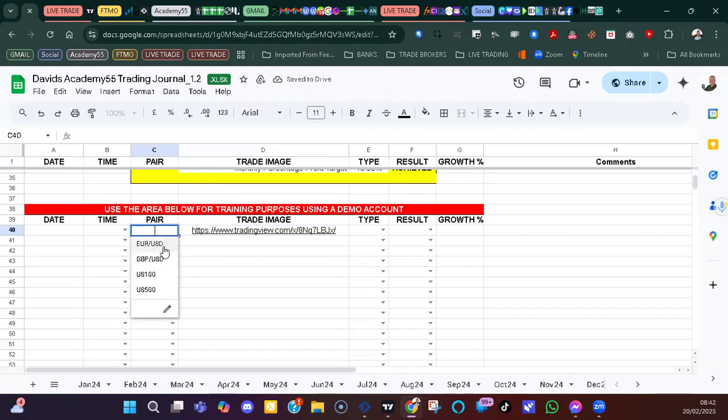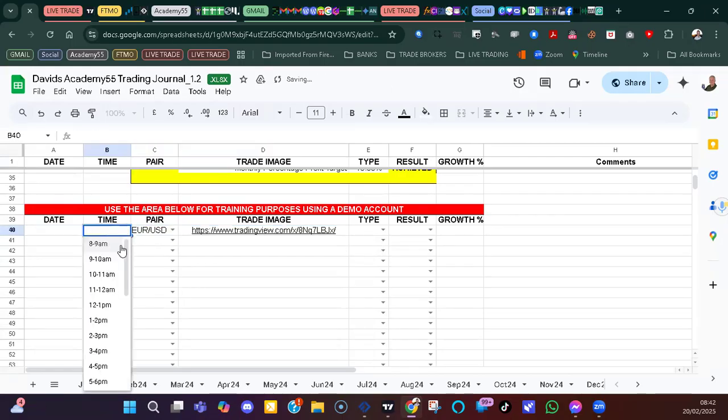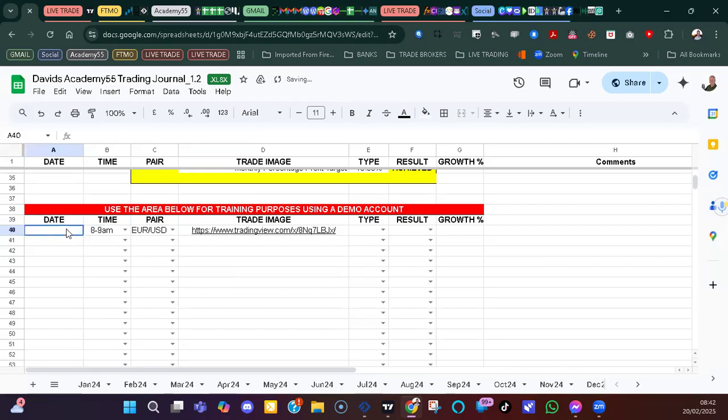The pair is the EUR/USD. The time was between 8 and 9. The date is the 20th, 1, 2, 5. That should automatically populate. There we go. The type was a sell. The result, it won, and 2%.